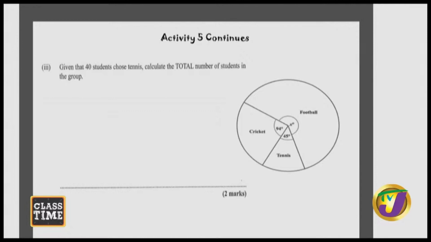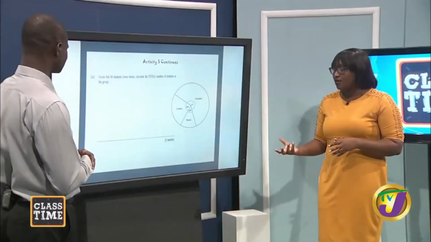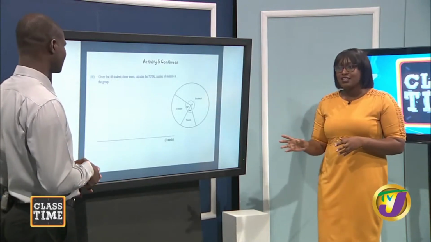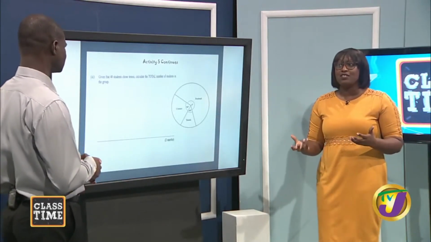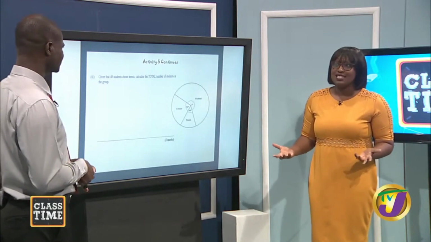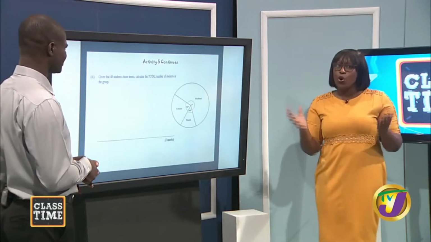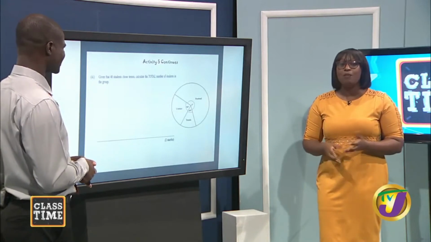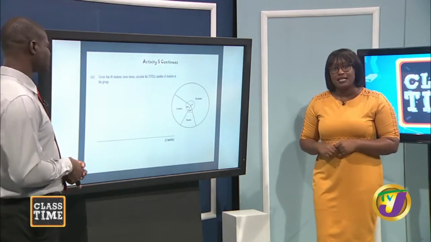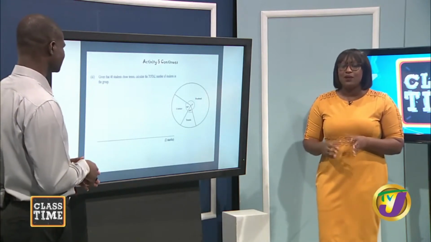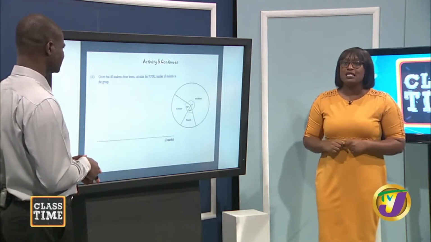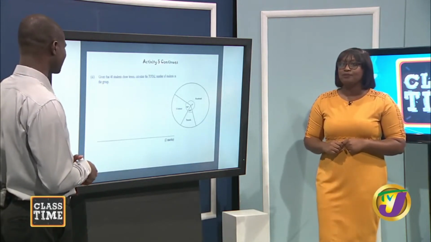We know that tennis is a fraction of the entire circle, and this fraction is 45 degrees divided by 360 degrees. What we do not know is the total number of persons, but we do know the number of persons that play tennis. So we can set this up. There's only one unknown in this equation, right? Yeah, definitely.